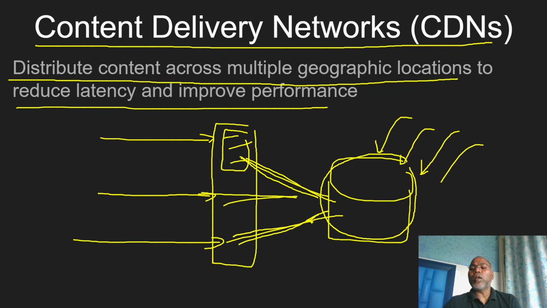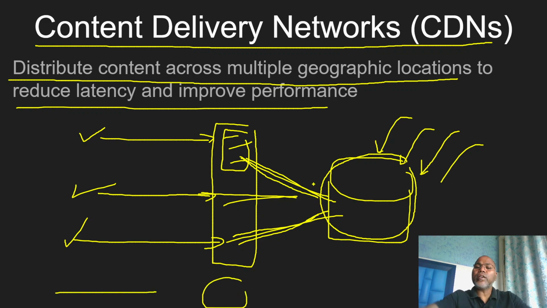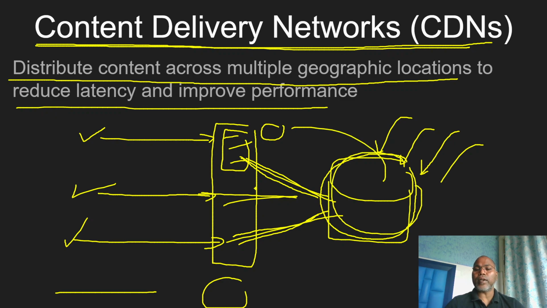Due to the latency, maybe this is North America, this is South America, this is Africa, this is Australia, maybe this is Asia, this is Europe, different regions your application can be accessed from. So the content delivery network ensures that across the different regions, the master data is replicated.